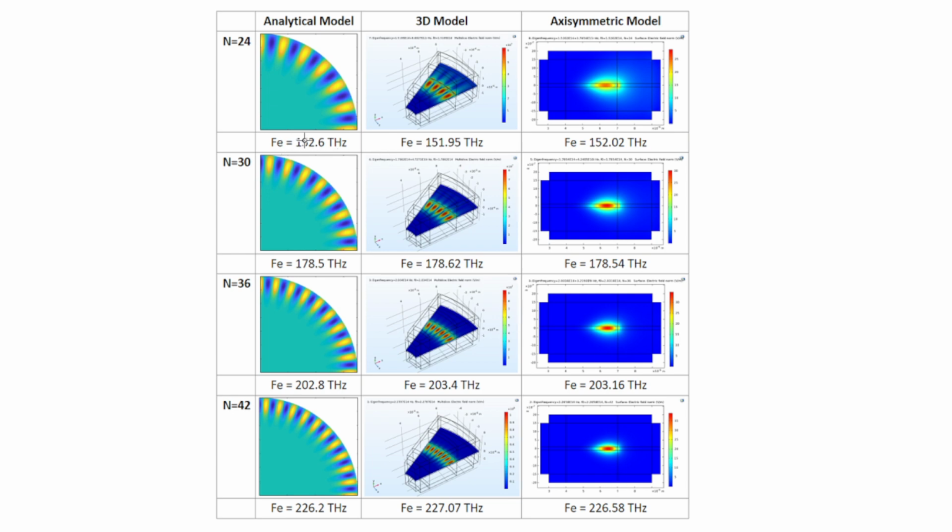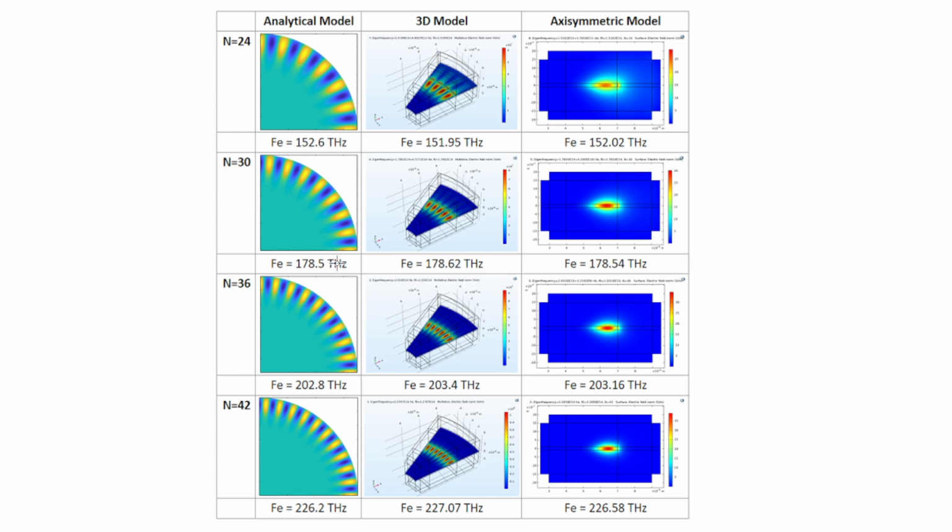All of the results are for the first radial mode, and when we look at the frequency for different azimuthal mode numbers, we can see they are very close. The error is less than 1%.